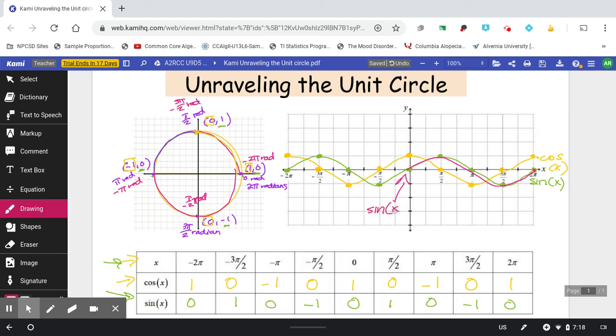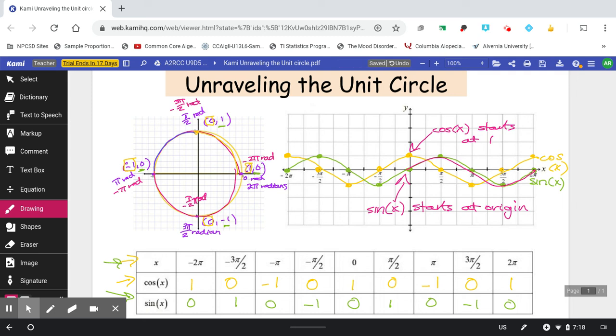So the sine of x starts at the origin. Whereas the cosine starts at 1.